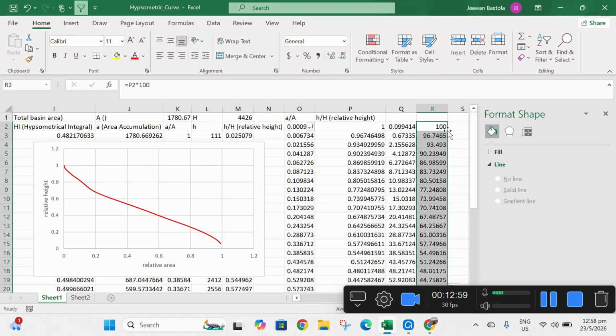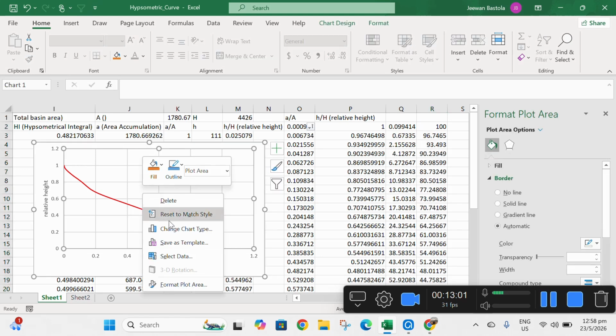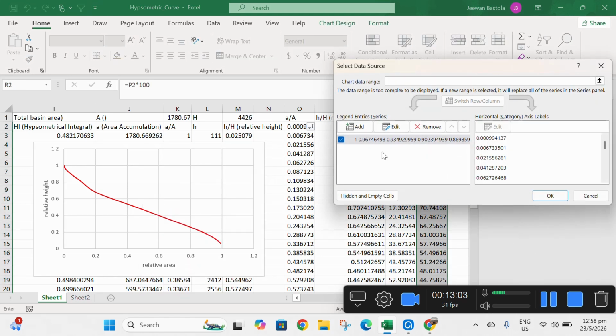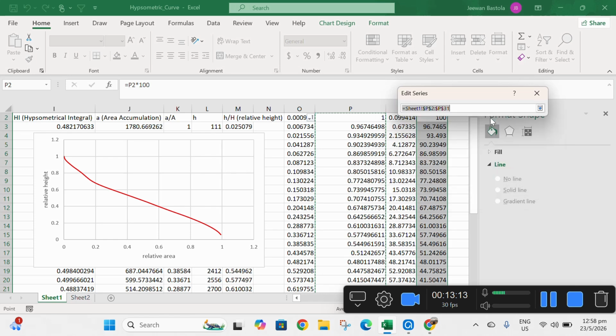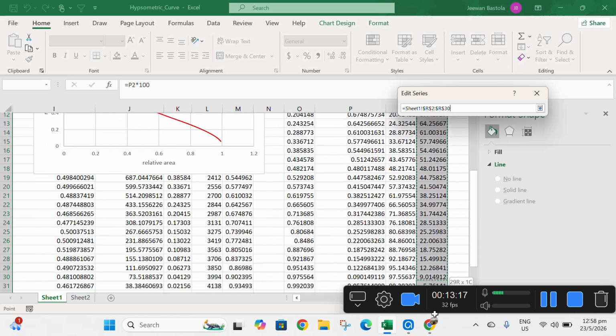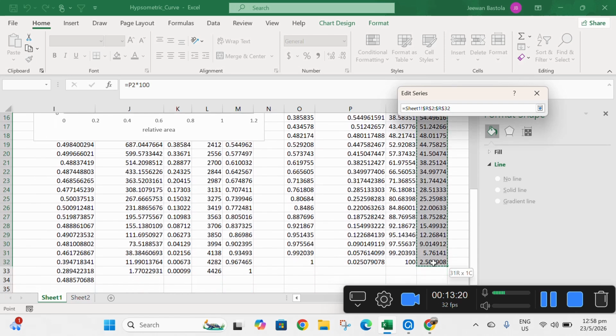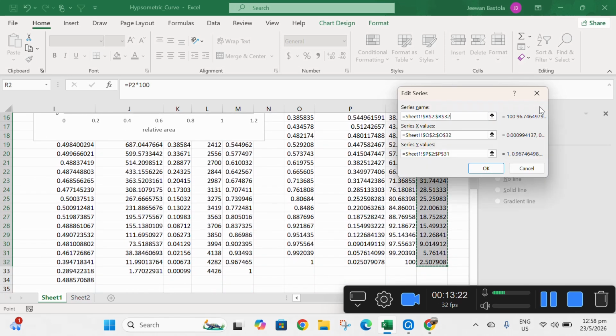Select all. So out here, right click, select data, select edit, then from here select this one, relative height percentage.